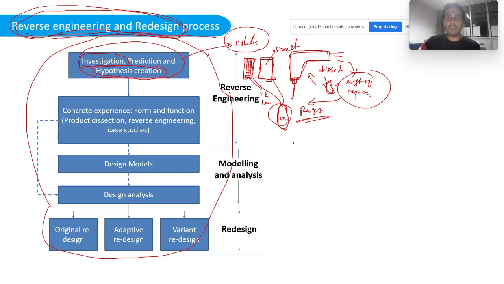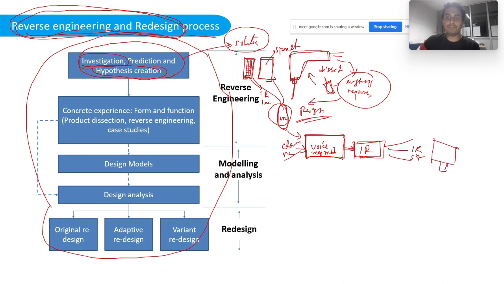So the solution needs to have a voice recognition modality as well as an IR signal modality. Whenever a person says a particular channel name, the voice recognition should understand the channel name, and accordingly the IR sensor should trigger the IR signals to the set-top box or a TV.